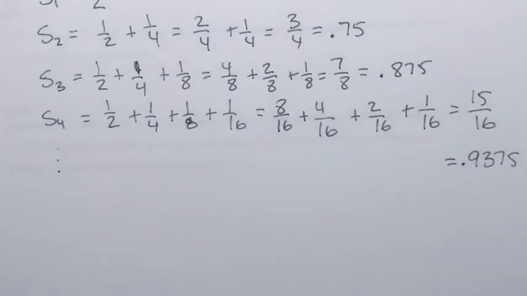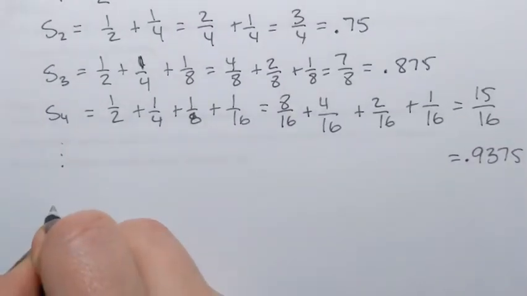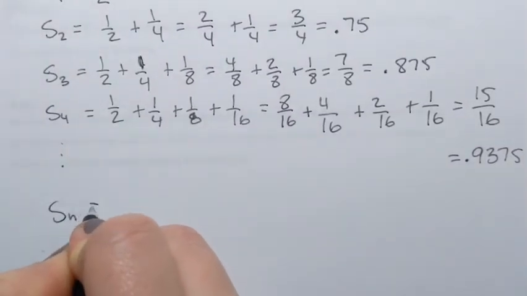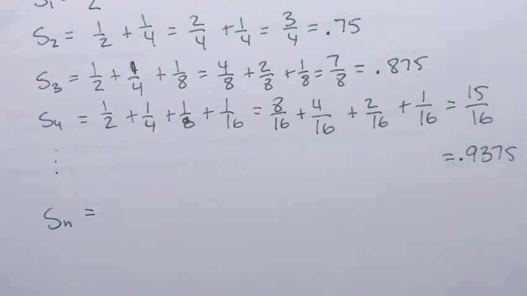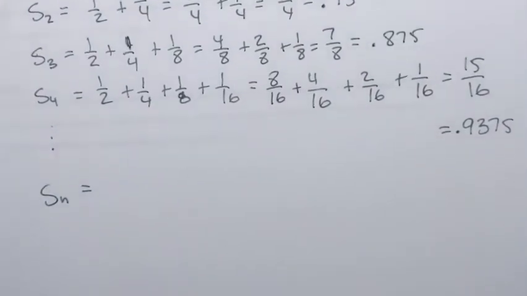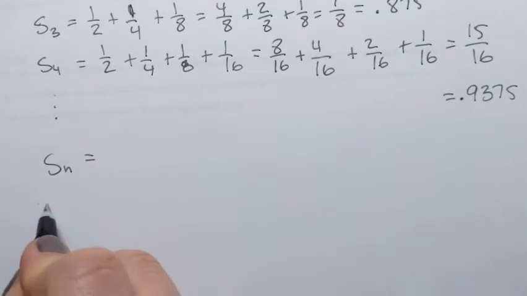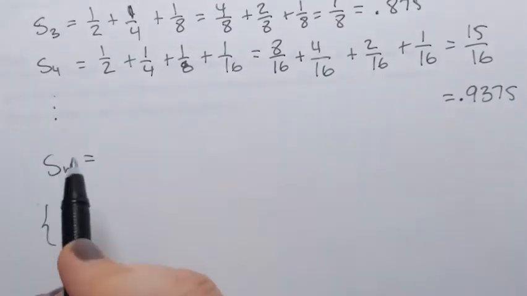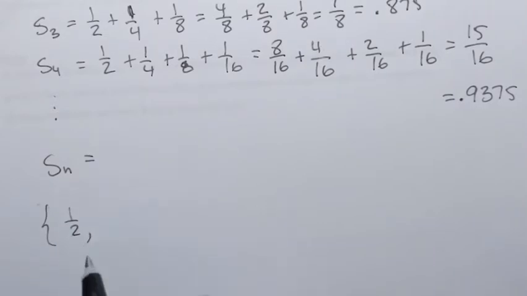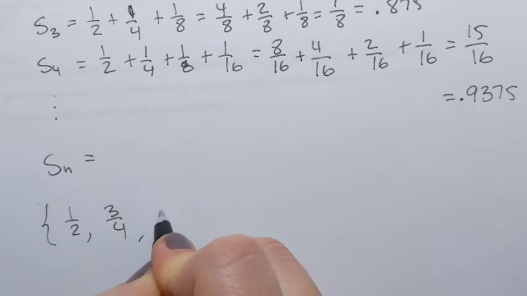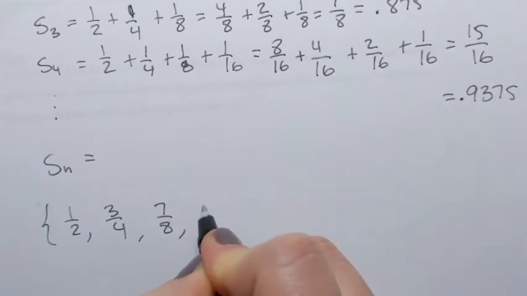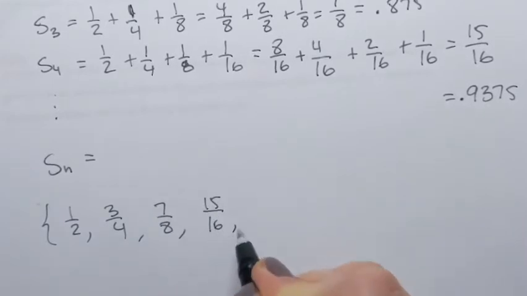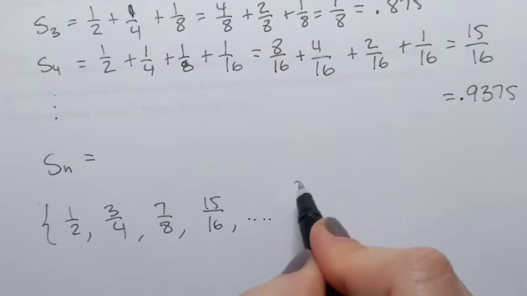So let's try to express the nth sum. So how do we do that? Well, what can help us is to look at the terms of the partial sum sequence: 1/2, 3 over 4, 7 over 8, and then 15 over 16. That's all we got, right?